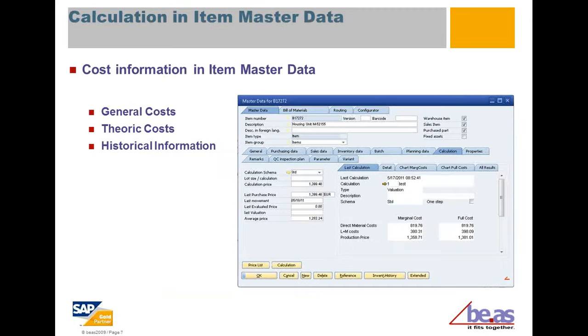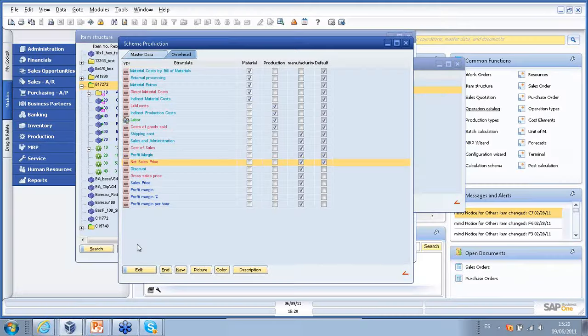The next topic is, okay, let's have a look at this structure and how this structure is related with the item master data. And also we'll see what additional information regarding the calculation or the theoretical cost of my items we can provide in this calculation tab, as well as historical information and so on.